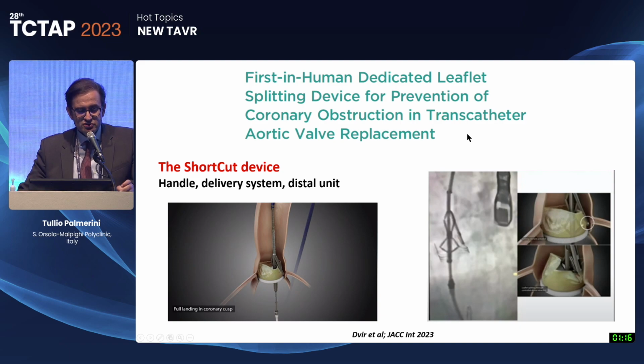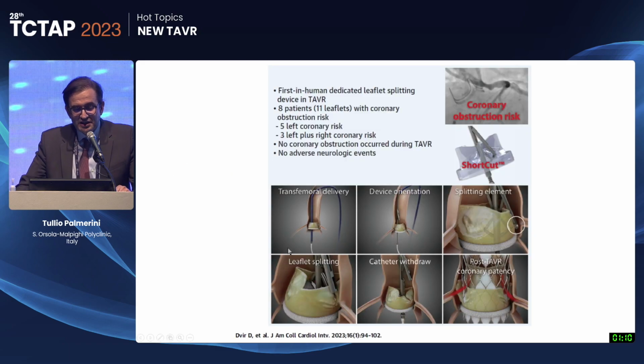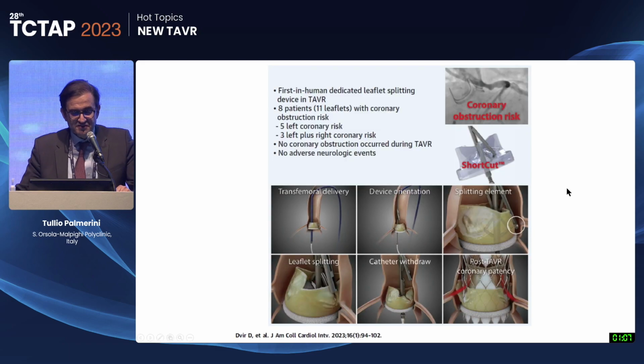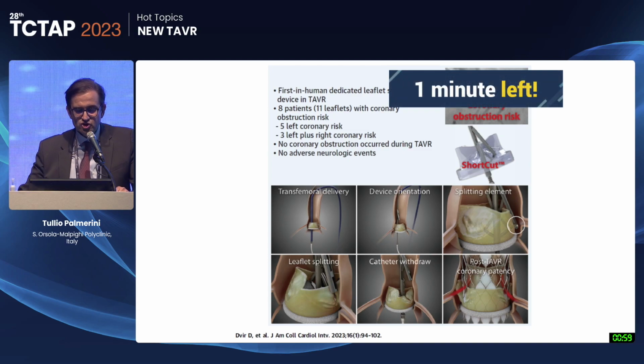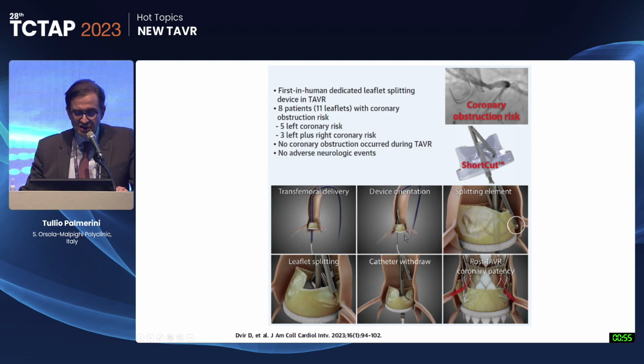It has a handle, a delivery system, and a distal unit to split the leaflet. The device is advanced through the femoral artery. You have to use a 16 French sheath. It's advanced over a 0.35 inch wire in the ventricle, and then the system is unsheathed and oriented towards the leaflet that has to be cut.